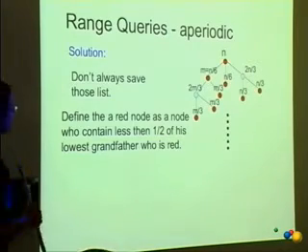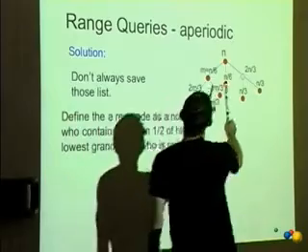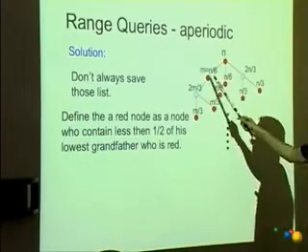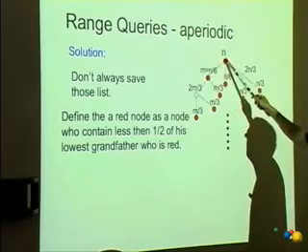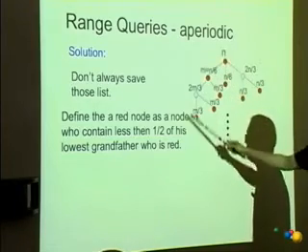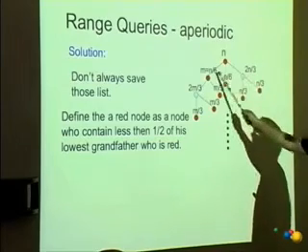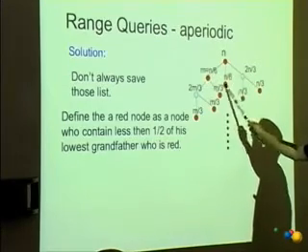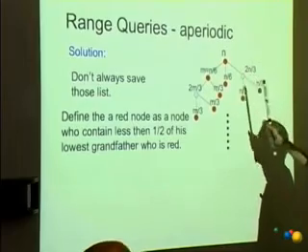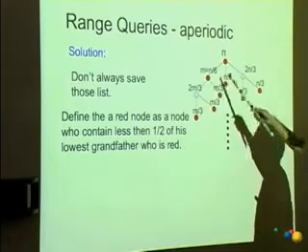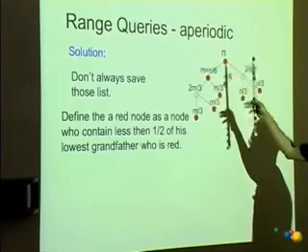We will save these red nodes. The rule for the red nodes is about a node's size. This is the root of the tree, which has n elements underneath it. This node, for example, will have n over 6, this n over 6, and this 2n over 3. Then we will save only nodes that are less than or equal to half of their father.